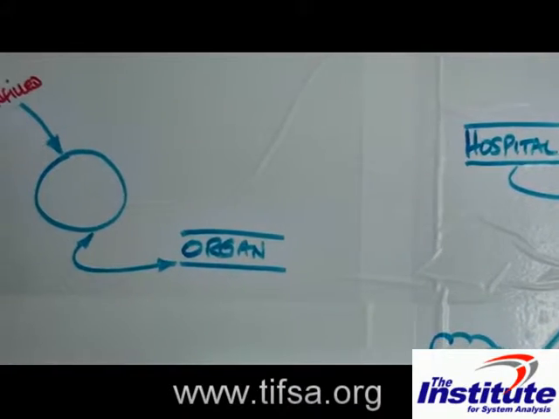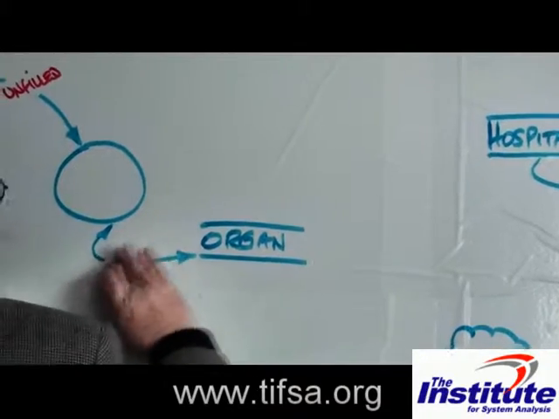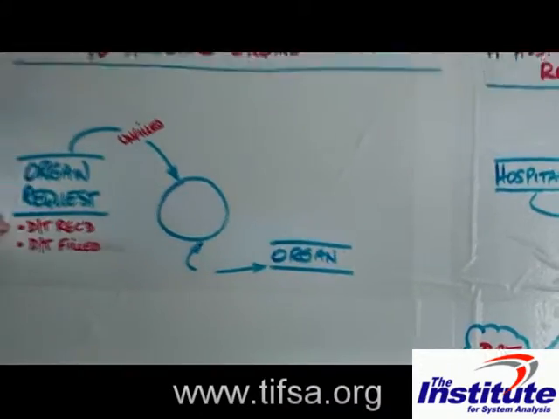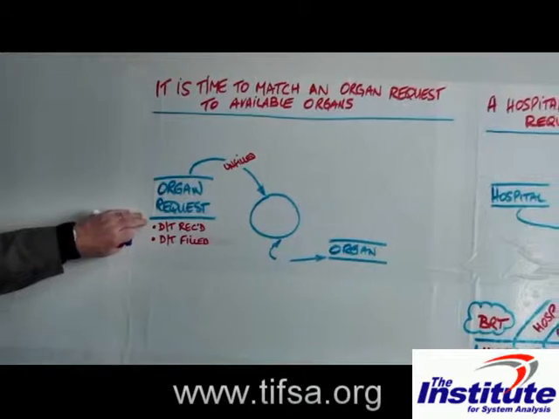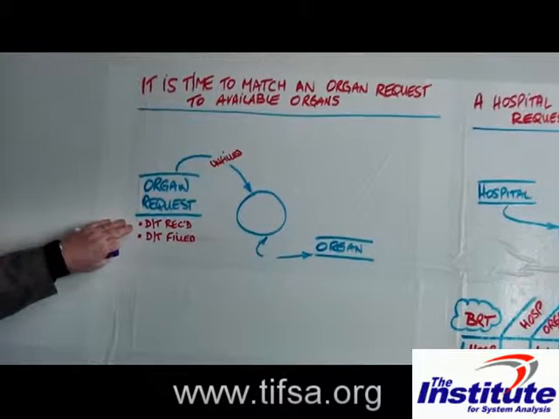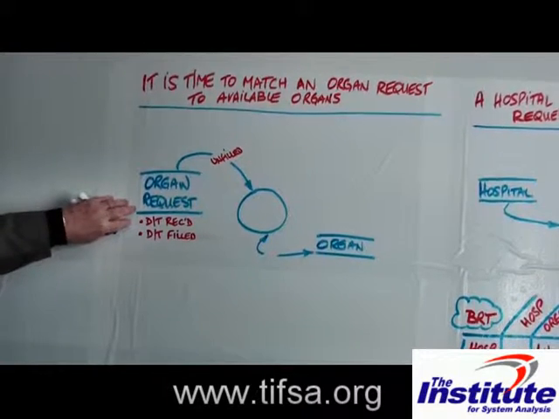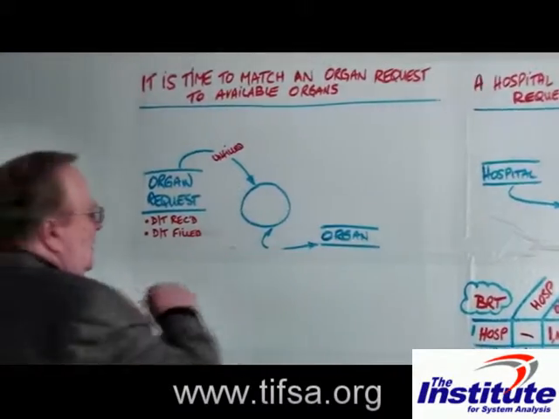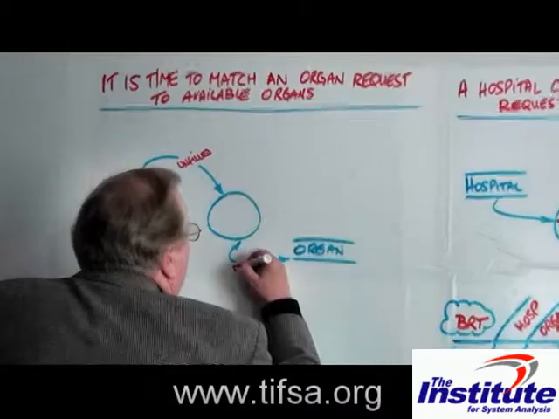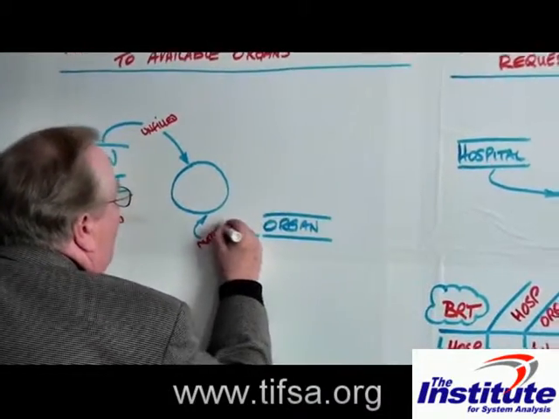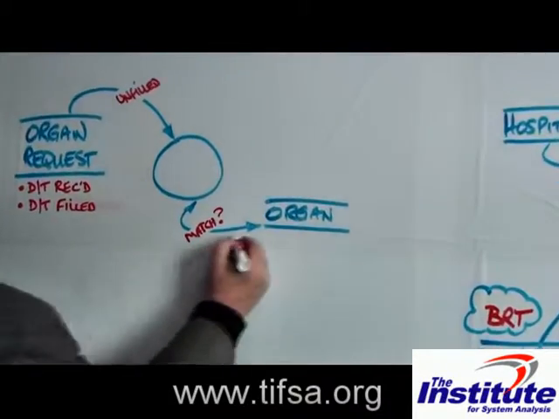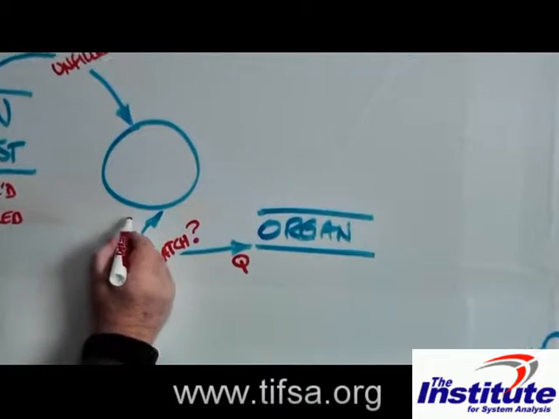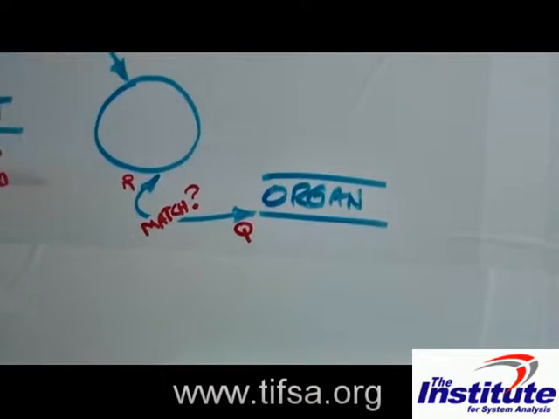I'm going to do a query and a response to see if there's a match against the matching criteria that we looked at earlier, the organ type, the blood type, and so on and so forth. And we did attribute that data originally in the first process. So I'm going to now see if there's a match. And I'm going to put match with the question mark here. And I'm going to do a query and a response.